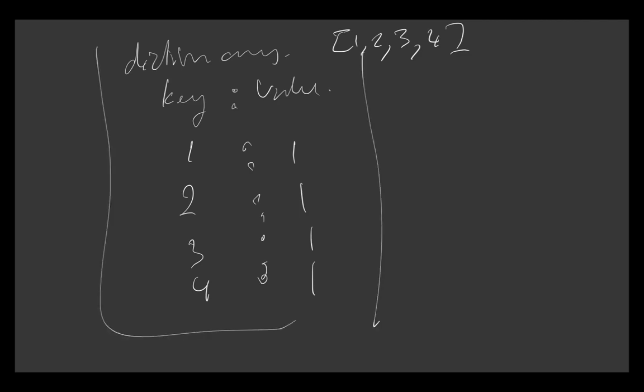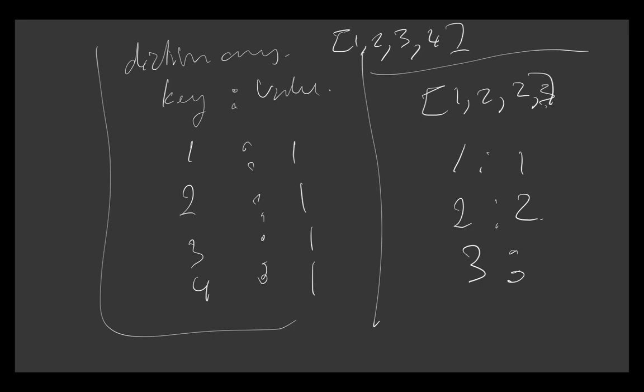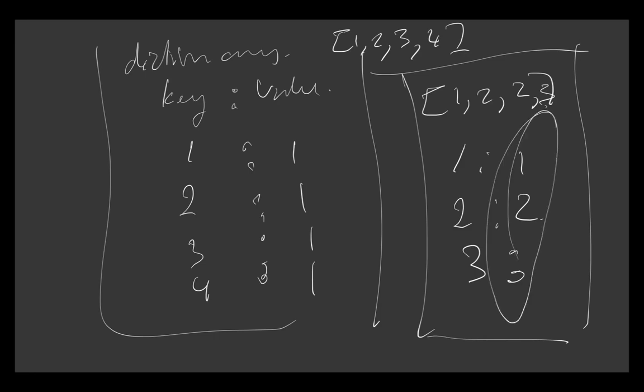And for the example that has a duplicate number like this, it's going to be 1, 2, 2, and 3, 1. And all we need to do is iterate through the values of the dictionary, and if there is any value that is more than 1, we just return true. Right, that's really the solution.